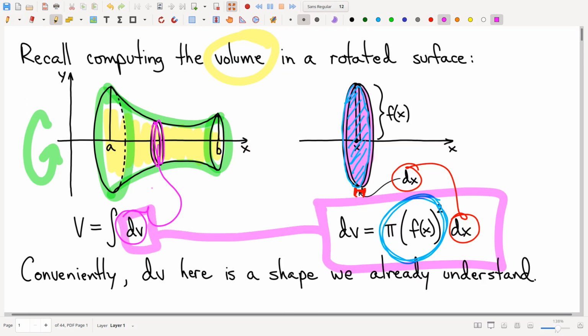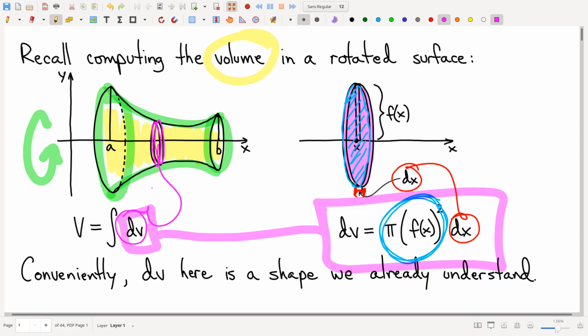the thing that we're going to integrate, if you will, from A to B, is that formula right there. And I hope this all looks familiar. Volume of a rotated surface, pretty standard application. We're going to rip off this idea and take our first step into multivariable integration.